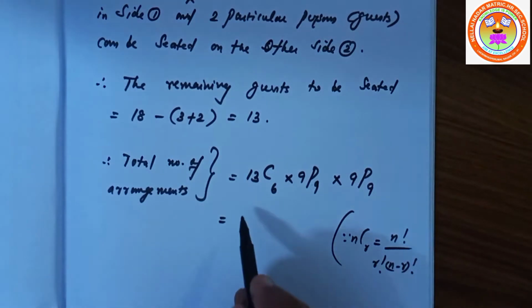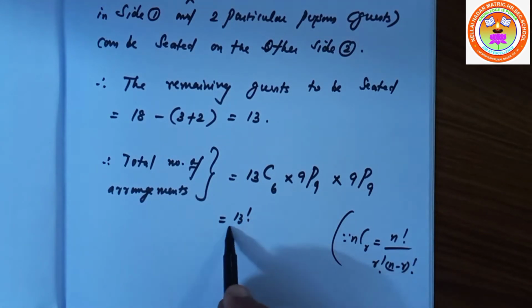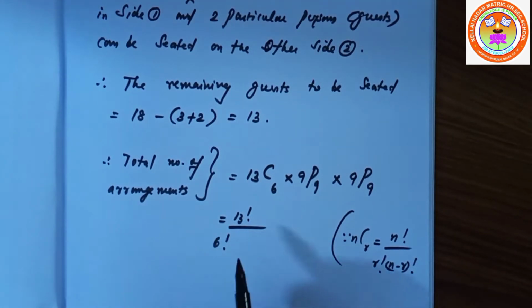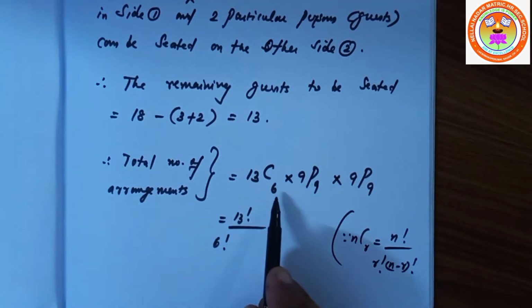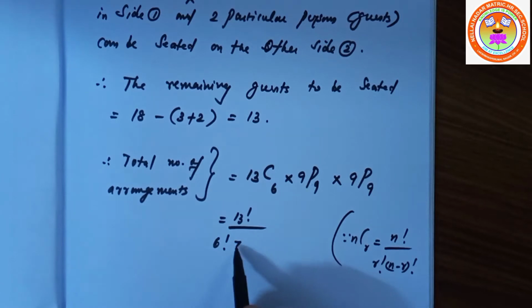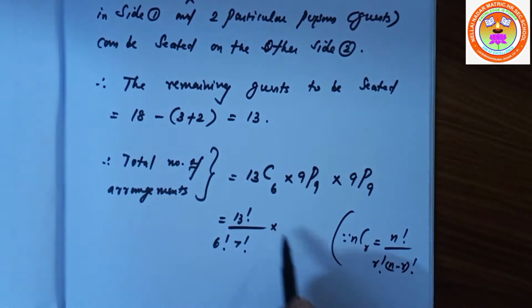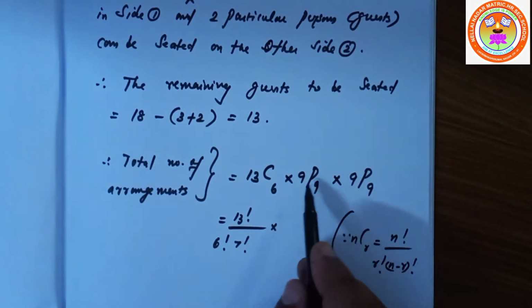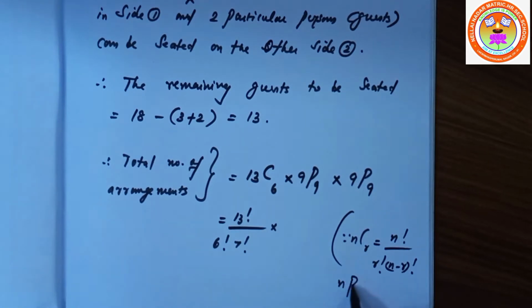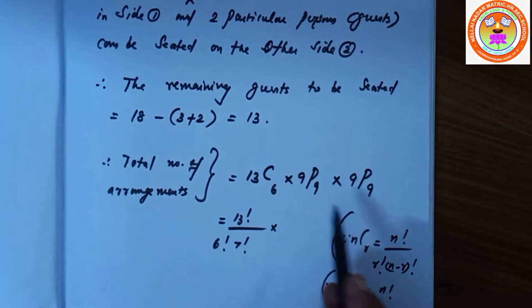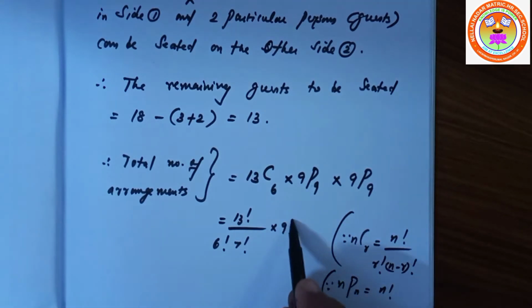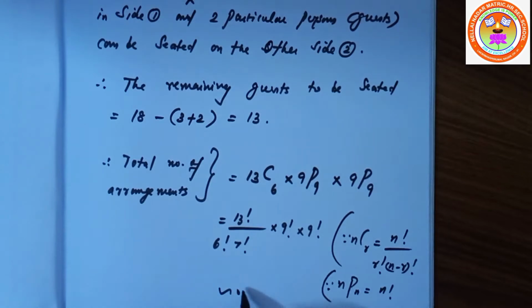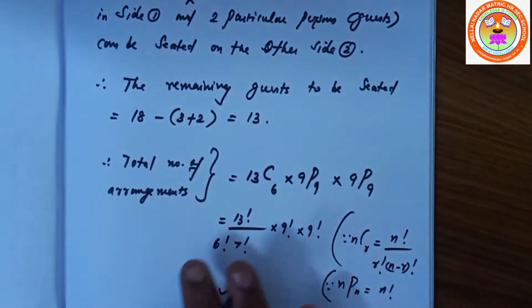If you substitute, you'll be getting 13 factorial divided by 6 factorial into factorial 13 minus 6. 13 minus 6 is equal to 7 factorial, into nPn, you know, nPn is equal to factorial n. Yes, so 9P9 that is 9 factorial. Again you have to put 9 factorial. That's all. That is the total number of arrangements.